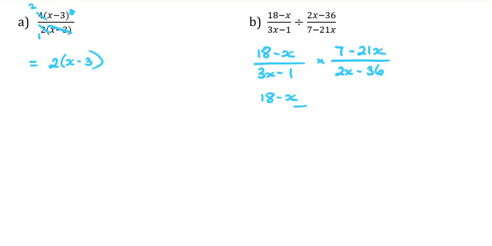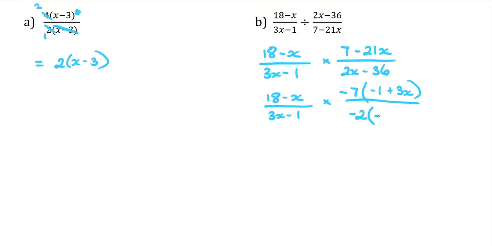So 18 minus x over 3x minus 1. If I factorize a negative 7 out of the top of that second fraction, I would have a negative 1 plus 3x. And on the bottom, if I factorize out a negative 2, I would have negative x plus 18.